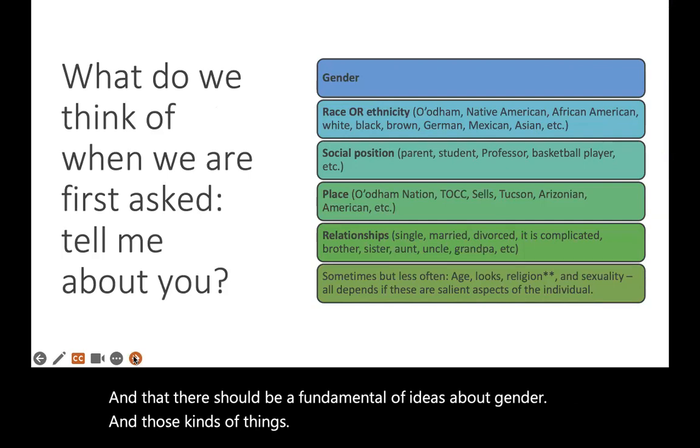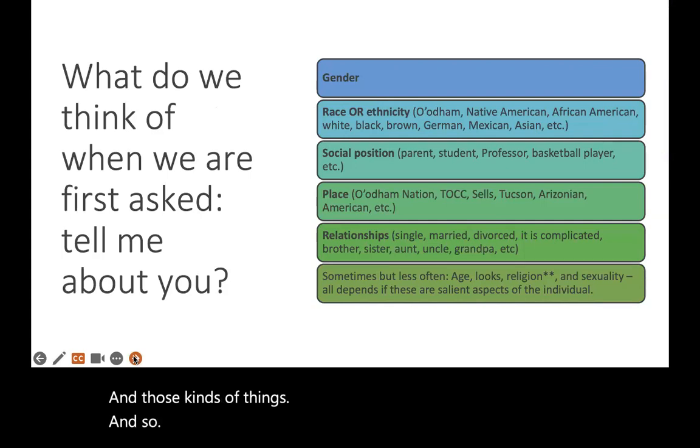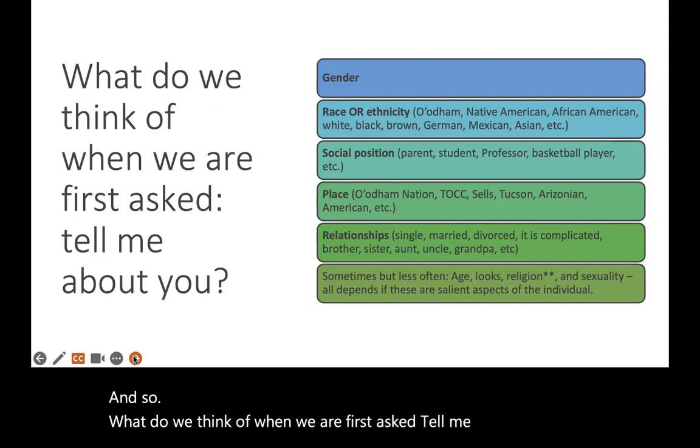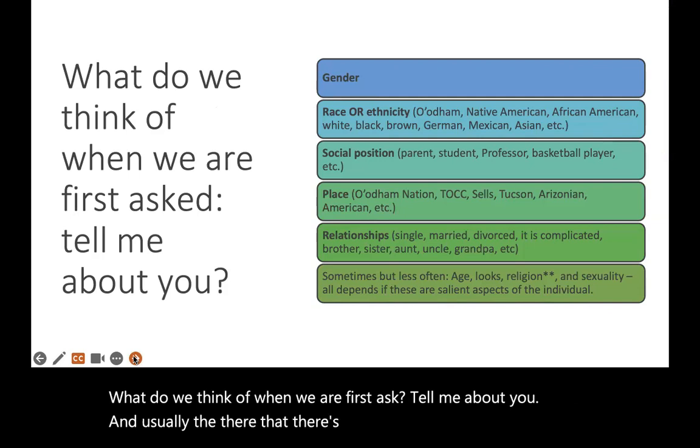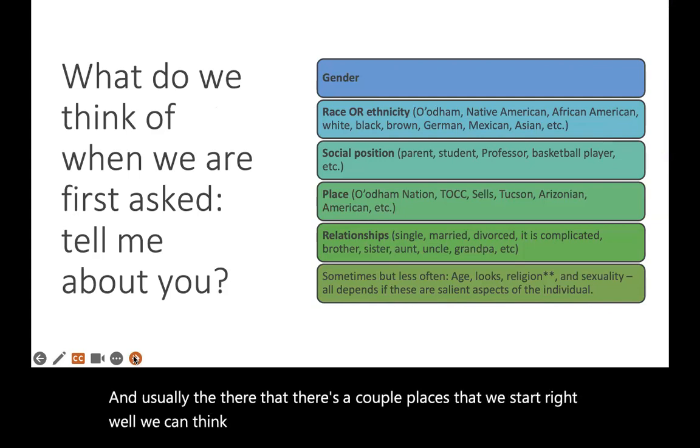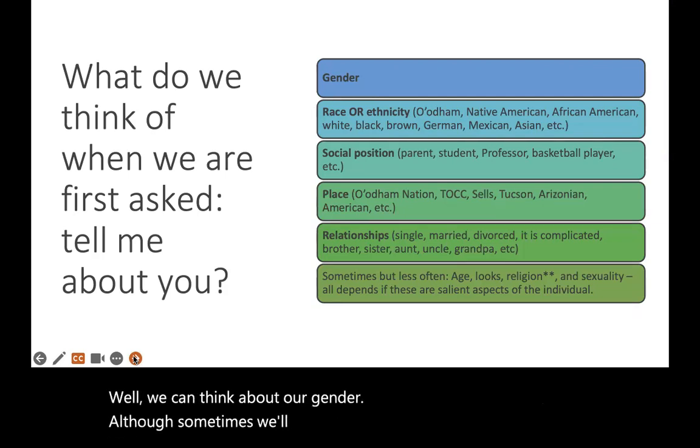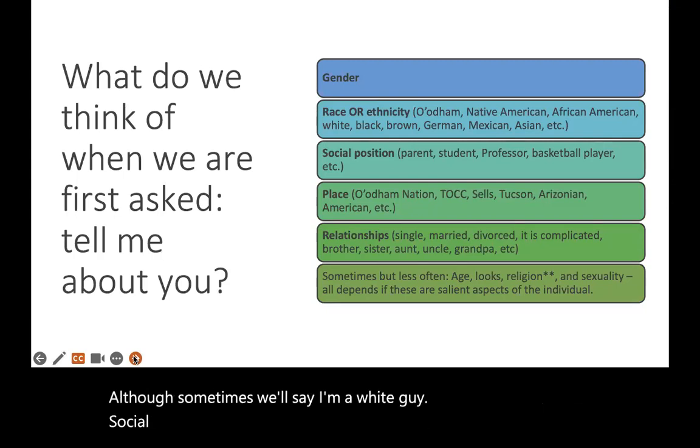And so, what do we think of when we are first asked, tell me about you? And usually there's a couple places that we start, right? Well, we can think about our gender. Sometimes we'll say, I'm a white guy, social position: parent, student, professor, place: Tucson, Arizona, America.